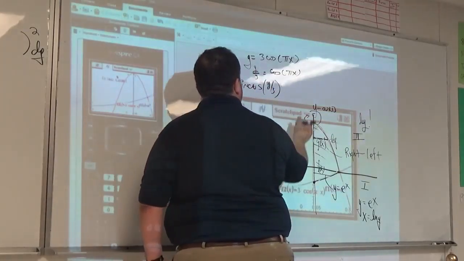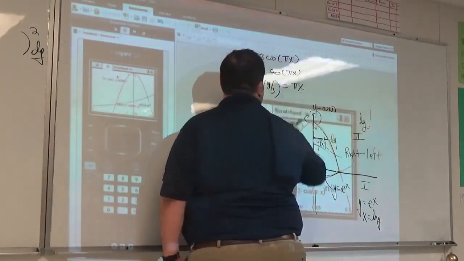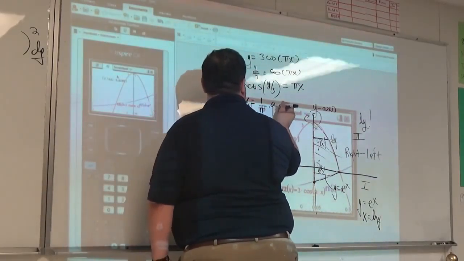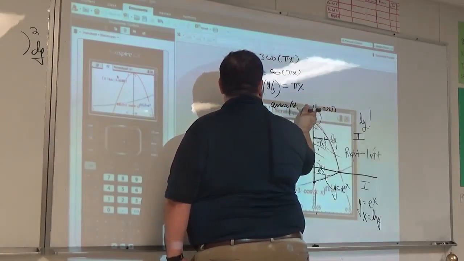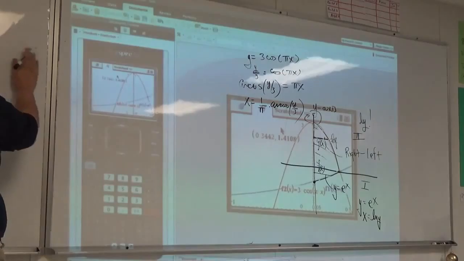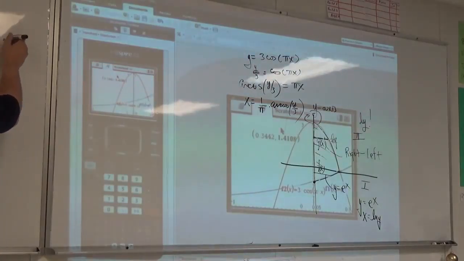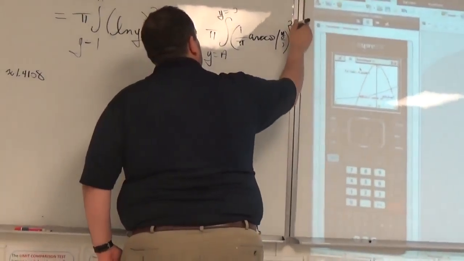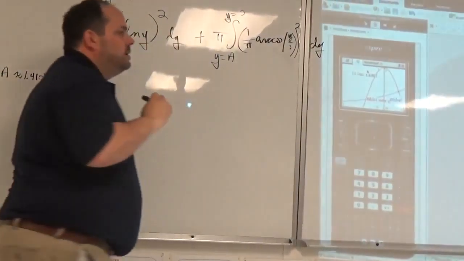Arc cosine of y over 3 equals pi x. Solve it for x: x is 1 over pi arc cosine y over 3. So my setup is 1 over pi arc cosine y over 3, squared, dy.